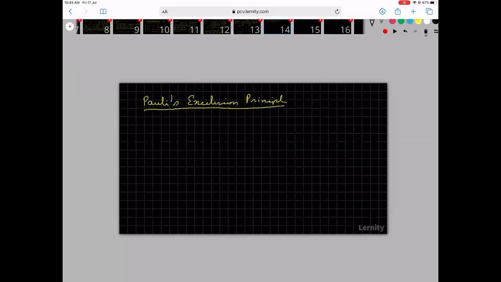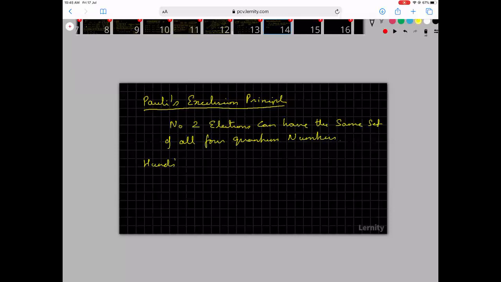According to Pauli's exclusion principle, no 2 electrons can have the same set of all 4 quantum numbers. Hund's rule tells about pairing of electrons. So when will pairing take place?